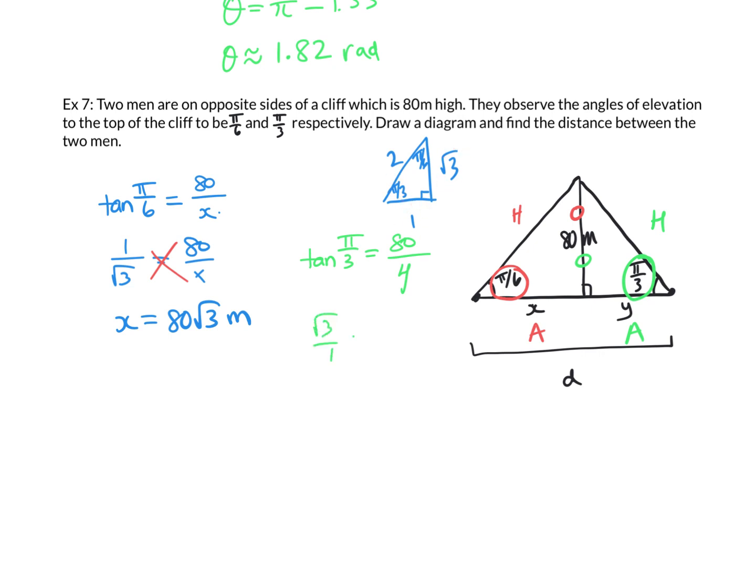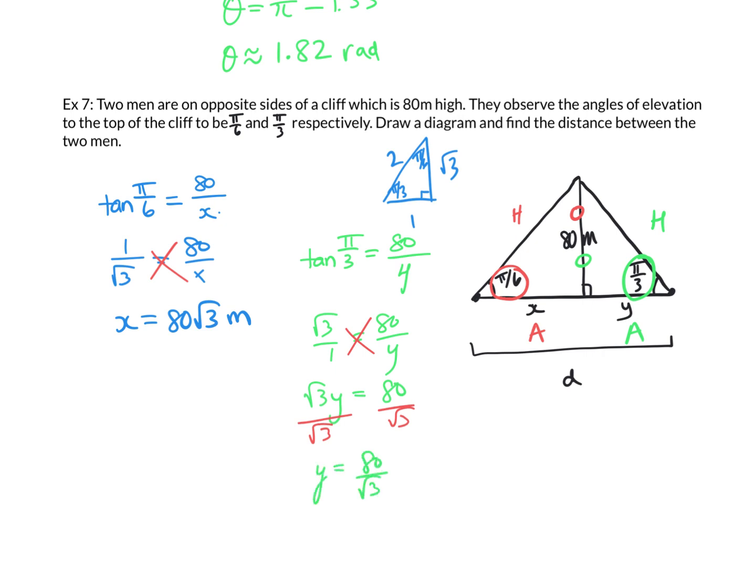So root 3 over 1 equals 80 over y, and we can cross multiply. Root 3 times y equals 1 times 80. This time we're not so lucky. We do need to divide out that root 3 so that we get y equals 80 over root 3.